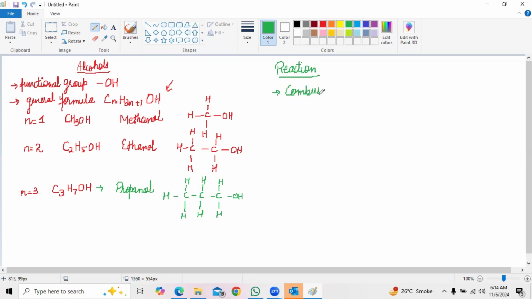Alcohols are combustible, so they undergo combustion, a reaction with oxygen. It's a burning reaction, so it reacts with oxygen from air, and it is going to produce carbon dioxide and water.